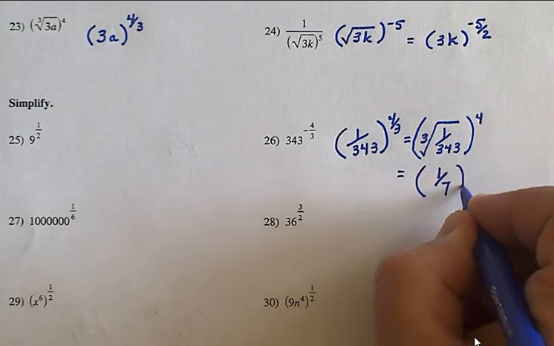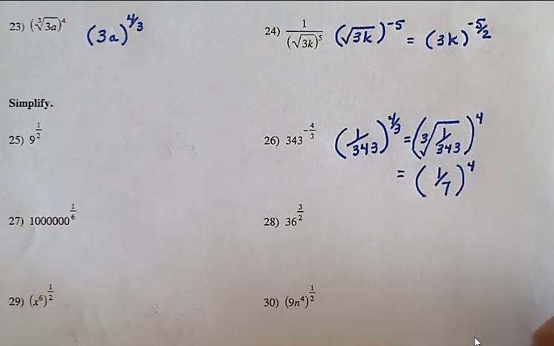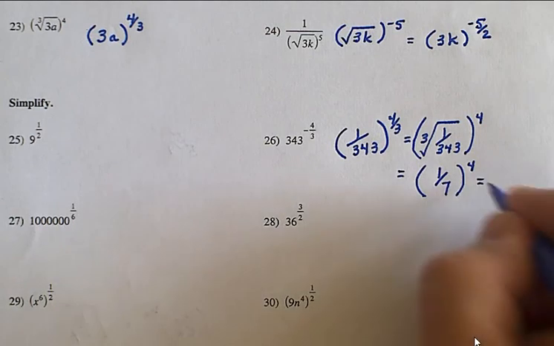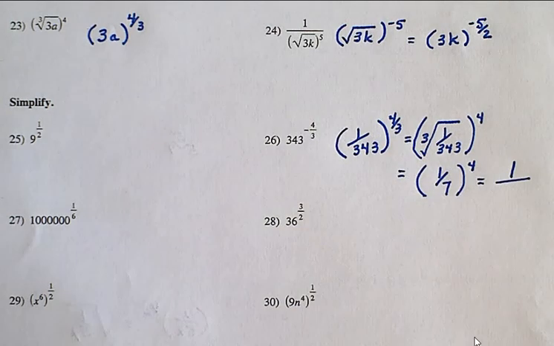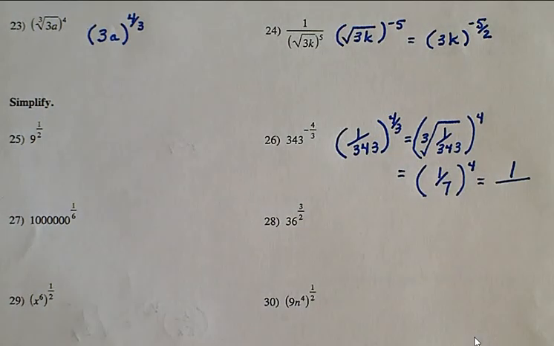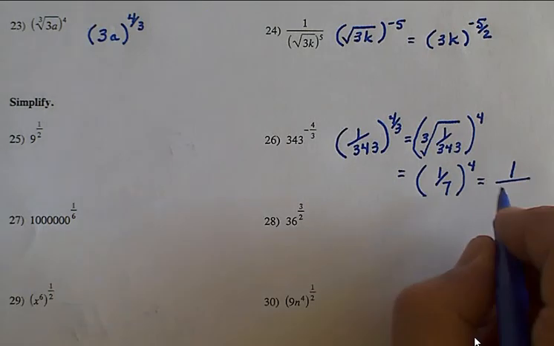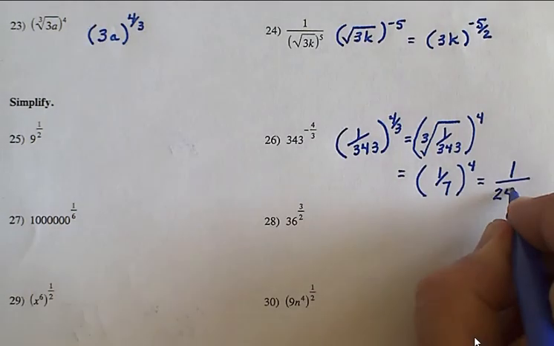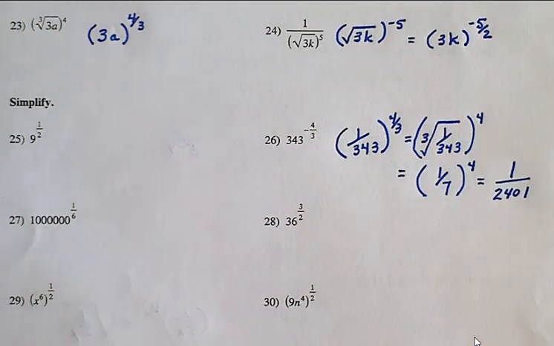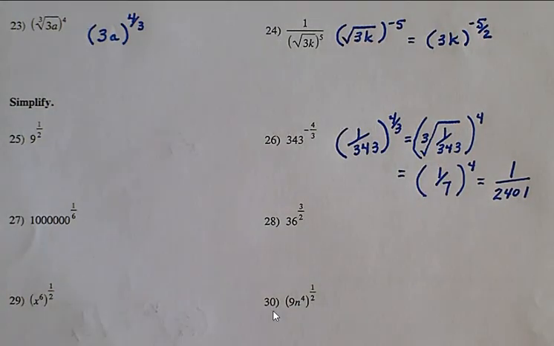But I still have to raise that to the 4th power to finish simplifying. Well, 7 to the 4th power is 2,401. So your final answer is going to look like that.